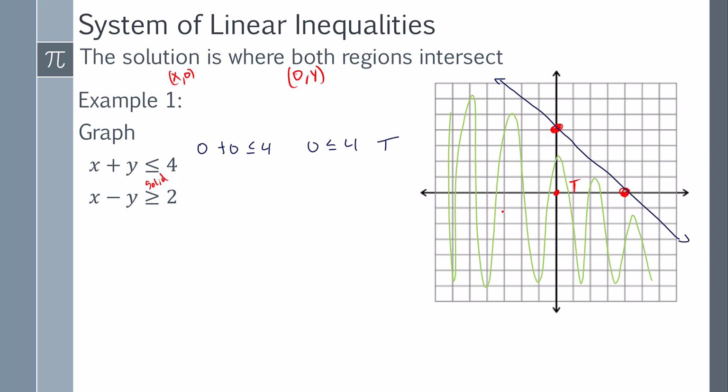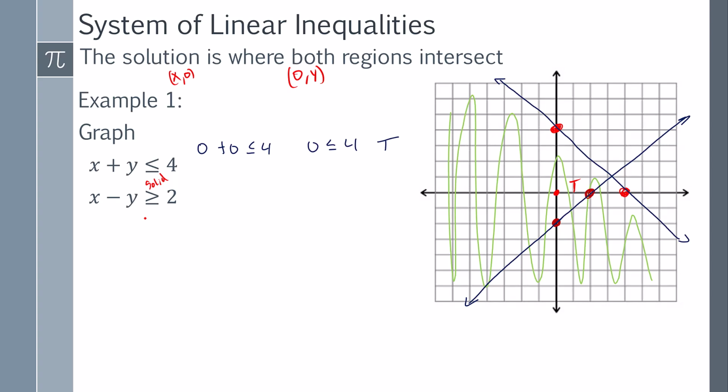Now we do the same thing to the other graph. So finding the intercepts, again, would probably be easier. If I pretend y is 0, I get x is going to be 2. And then if I pretend my x is 0, divide by the negative, your y is going to be negative 2. You can connect them. Those are your two points.